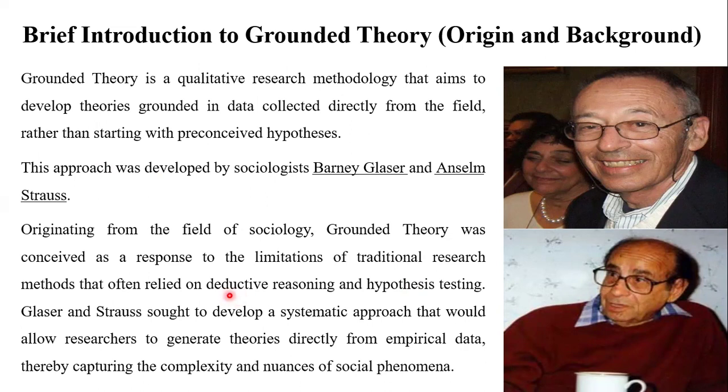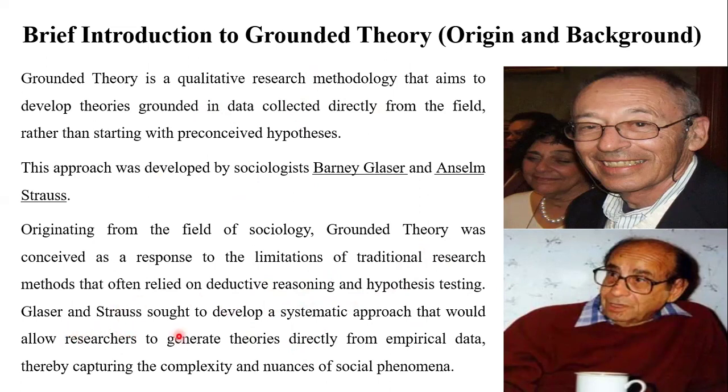In the deductive approach, you may have some theory and hypothesis, while in the inductive approach, you may not have theory and hypothesis while you are going to generate them. So grounded theory is basically an inductive approach, not deductive. Deductive reasoning is basically the traditional research approach where you have some theory and hypothesis to test.